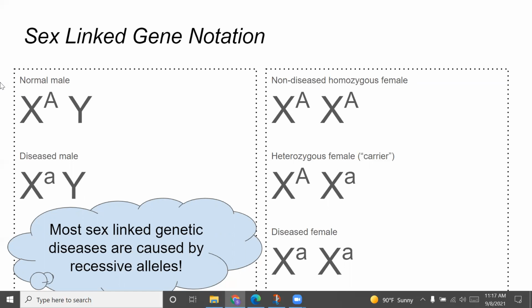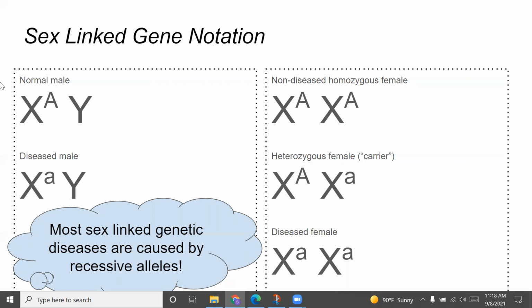Any sex-linked disease that we talk about will be recessive, so you will not get any tricky questions where I flip it around. So a non-diseased homozygous will always be capital, capital. We sometimes call that a normal female.